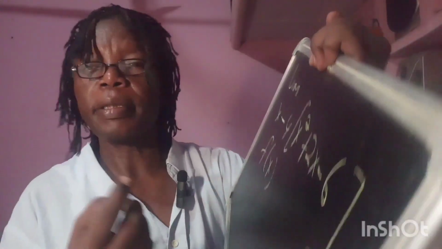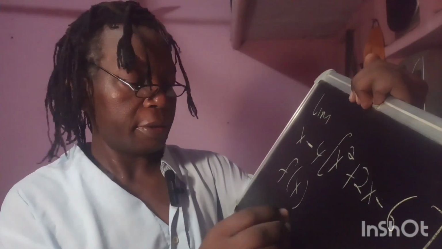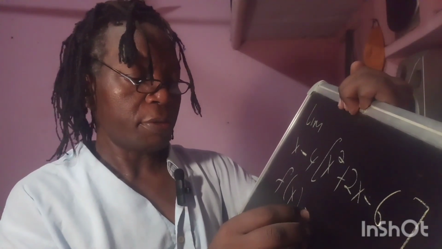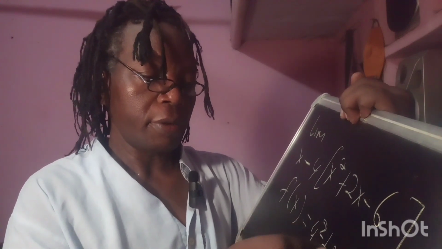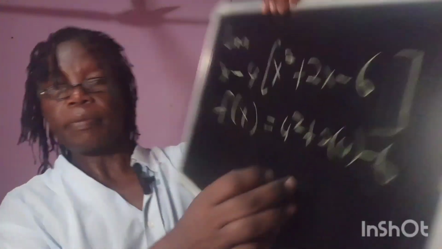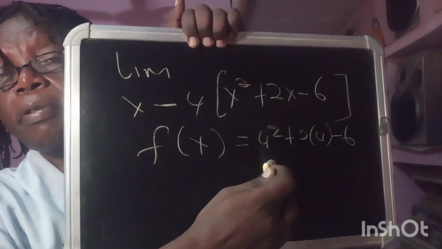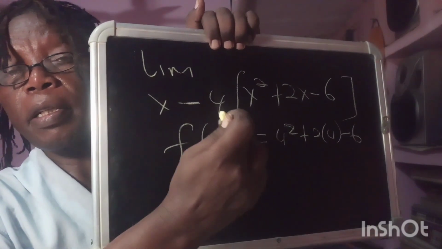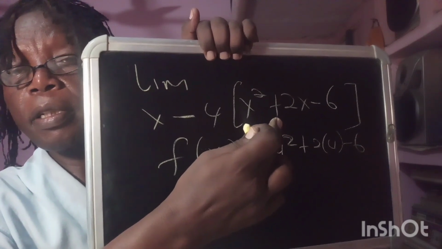So what we do, we plug in 4 directly here. So we're going to get 4 squared plus 2 times 4 minus 6. This value is directly plugging in 4, as you're getting closer to 4, this approaches a certain limit.